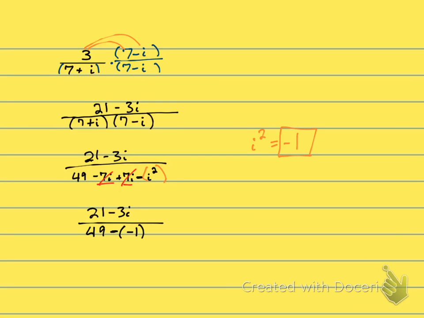Minus a negative is a plus. So we have 21 minus 3I over 49 plus 1, and 49 plus 1, that is 50.